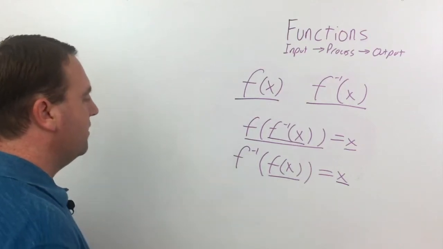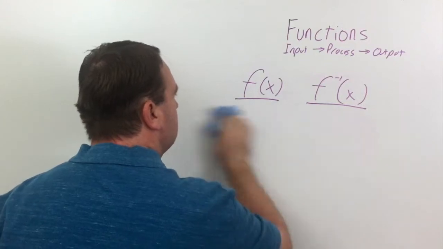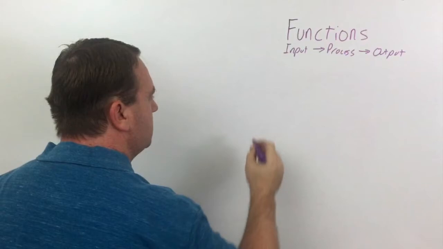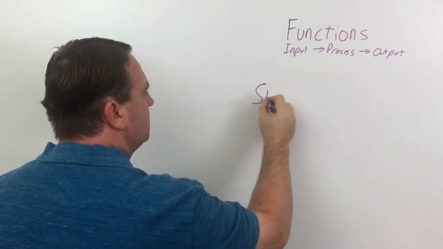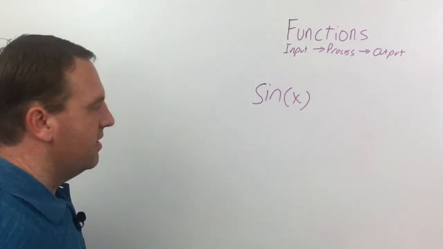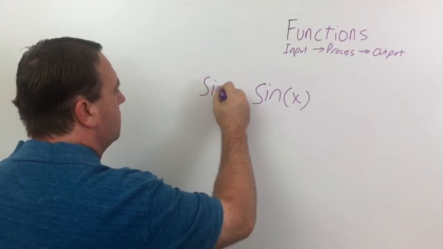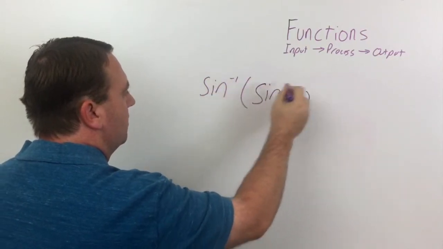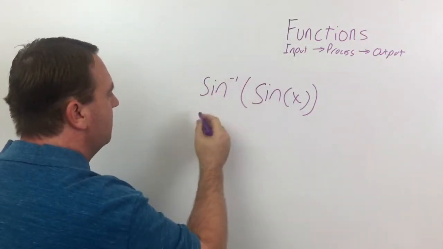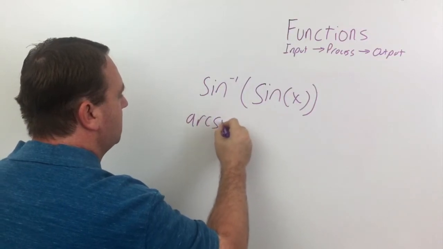Okay, and we can even see that if you've done trig, you've already encountered this with sine and cosine. So if you have sine of x, that will yield a value. But you can invert that. If you do inverse sine, this has other names too. The inverse functions are also known as arc functions.